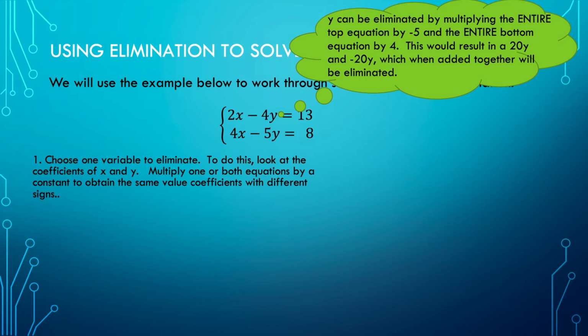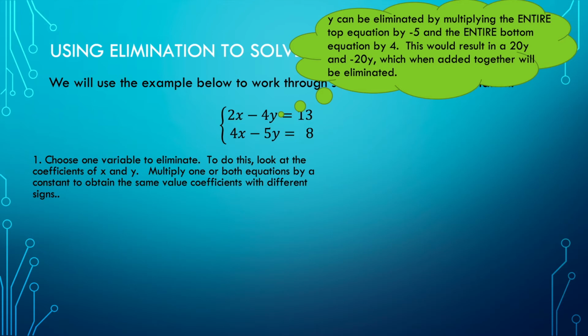So we would actually take the coefficient of one of the y's and multiply it by the other, and we would treat these as factors of a common multiple. In this case, if I multiplied a negative 4 by 5, I would get a negative 20y. And if I multiply a negative 5 by 4, I'd get a negative 20y as well.